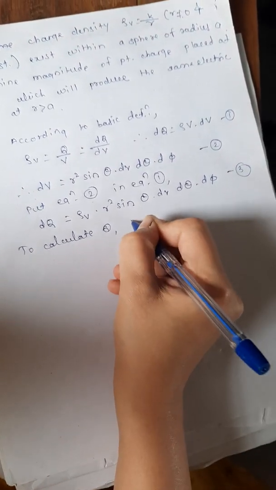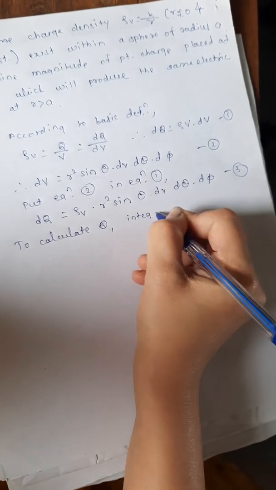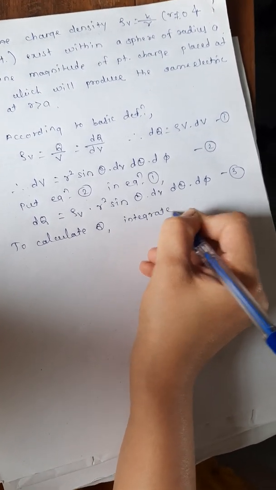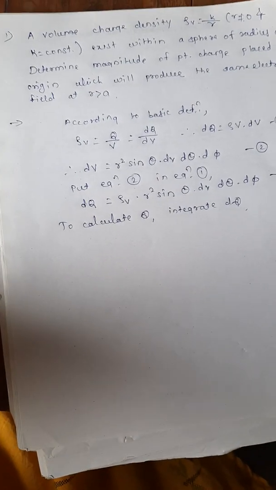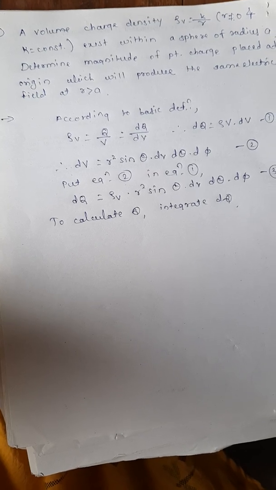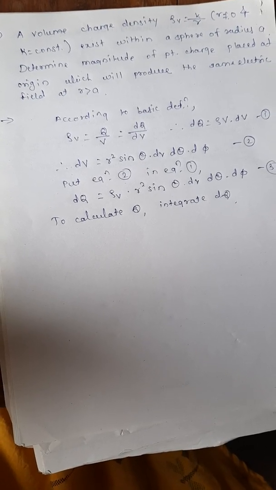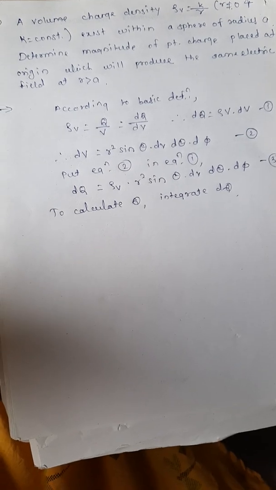There are 3 variables of integration, that is dr, d theta and d phi. So r, that means the radius, varies from 0 to a, theta varies from 0 to pi and phi varies from 0 to 2 pi.